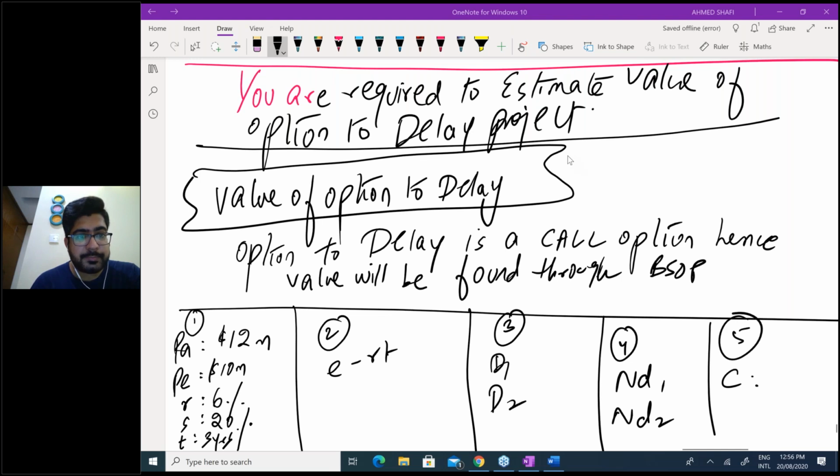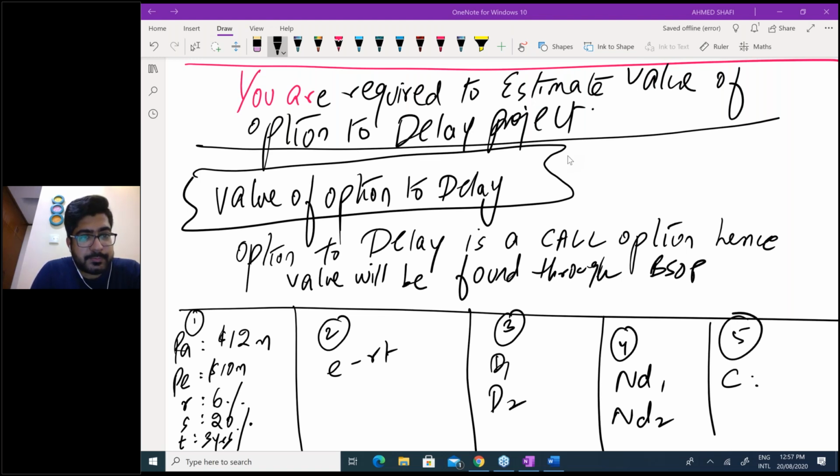Okay, Finwa, wait, please. Aman Batra, you are getting the wrong values. Yes, Finwa, you will get either option to delay or expand or early exit, and you will use BSOP.